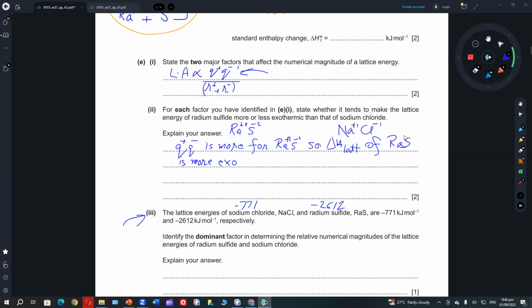So I will say that R plus plus R minus favors NaCl to be more exothermic, because it's inversely proportional.